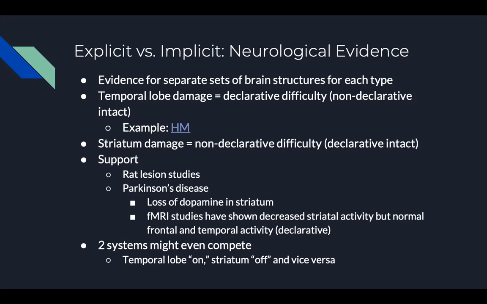And so the striatum is a structure that's really close to the basal ganglia, and is highly involved in our procedural memory abilities. And so when the striatum sustains damage, like I said, our procedural memory then becomes impaired.